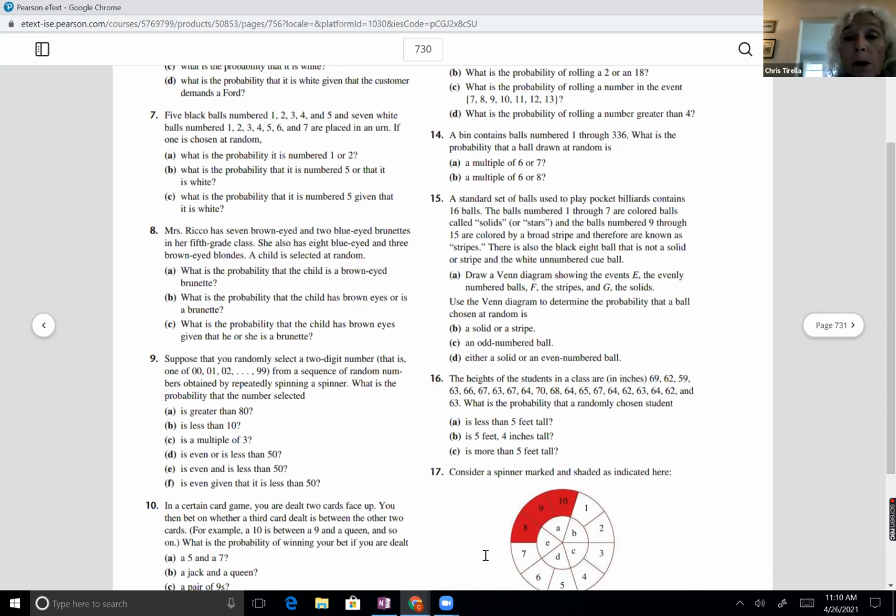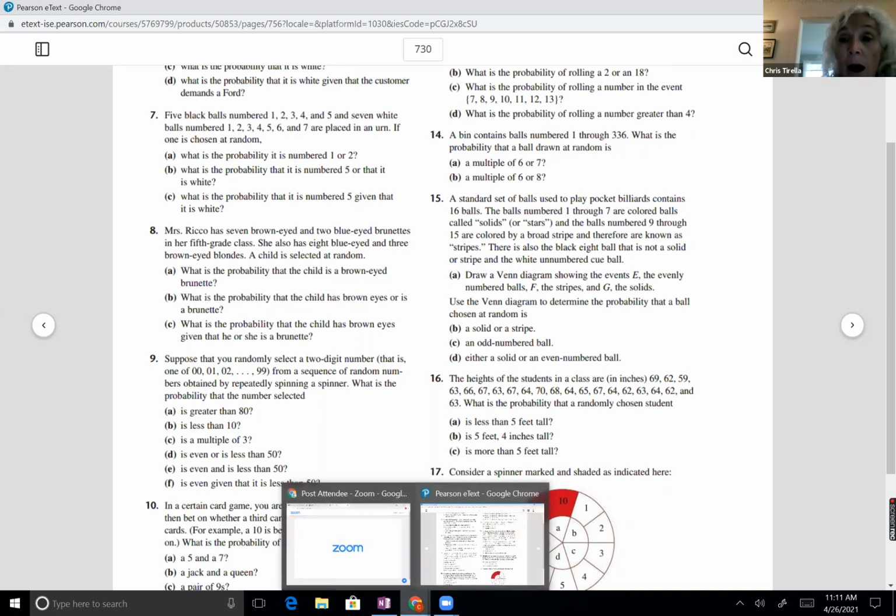For example, 1 would be solid but not even. 2 would be solid and even. 3 would be solid and not even, as opposed to 9 would be striped but not even. 10 would be striped and even. And so you're going to just place all of the balls in the right loops of that Venn diagram.